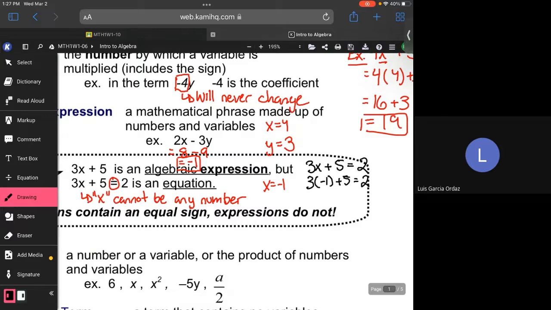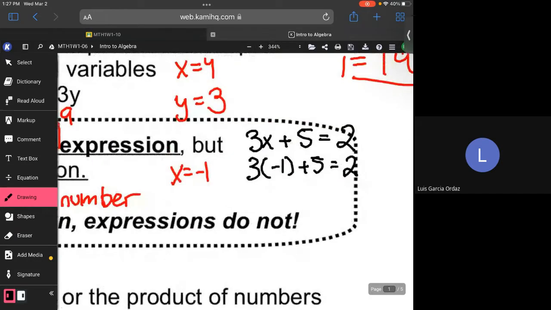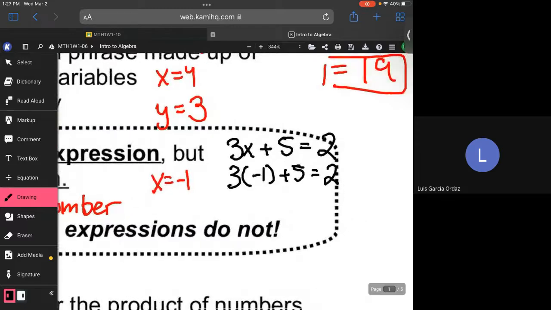All I'm doing is checking to see if this left side of my algebraic equation is the same thing as my right side. So what's 3 times -1? -3. Yep, -3 plus 5 is equal to 2. I get 2 is equal to 2, which means that Gian's x value was right. So the only x value that makes my algebraic equation true is when x is assigned the value of -1.